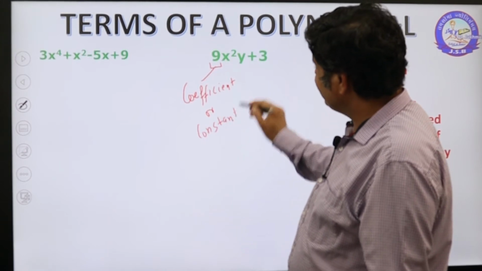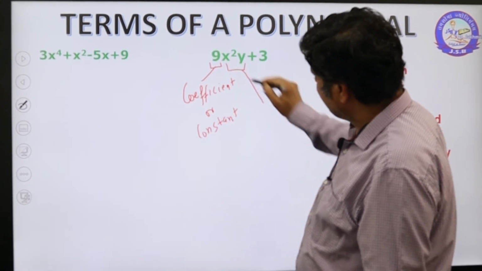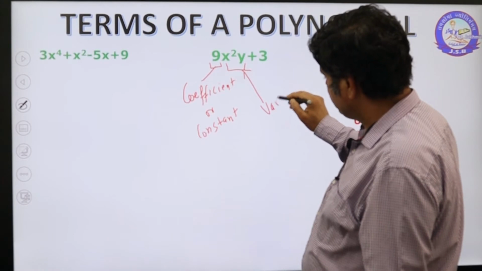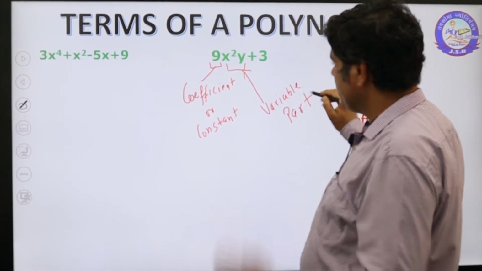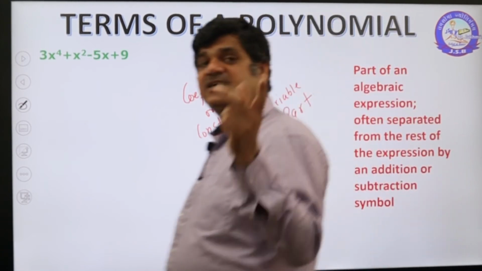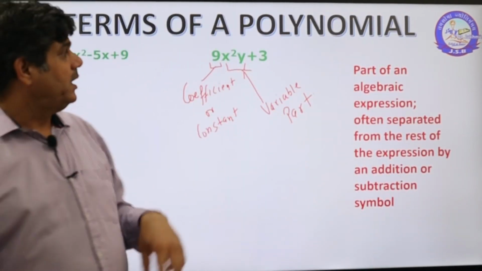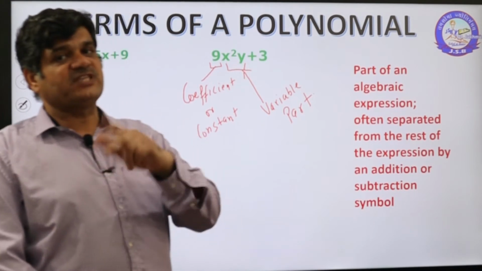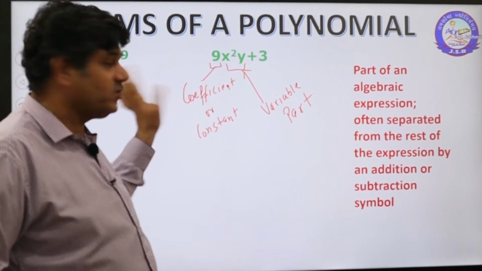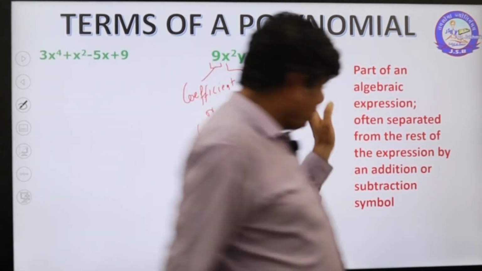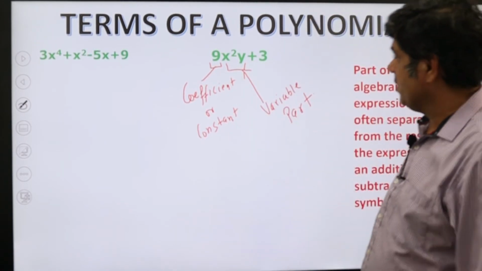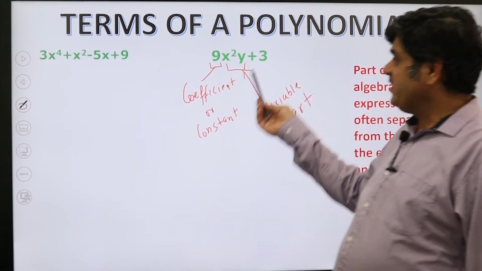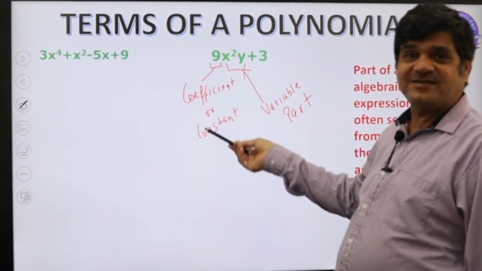While the other part, x square y for example here, that's the variable part. Because later on we will study like terms and unlike terms. Like terms means those terms which have the same variable part. We are not concerned with constants again. If there are two terms having exactly the same variable part, they are called like terms. So every term has two components, constant and variable.